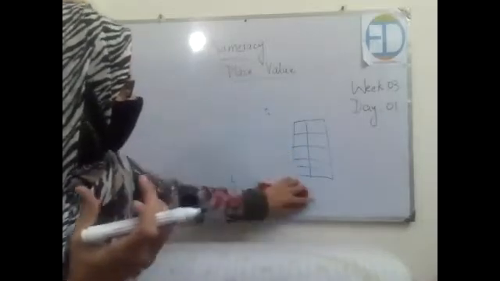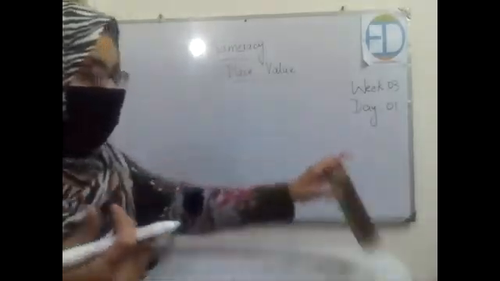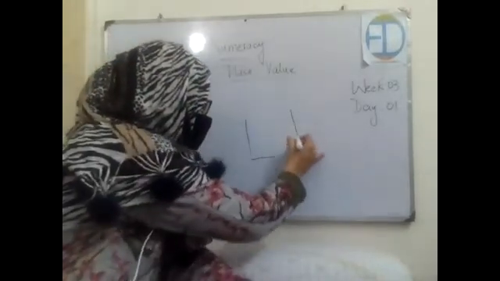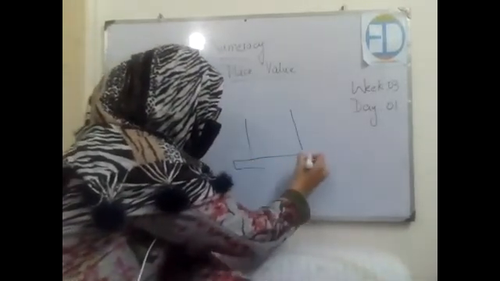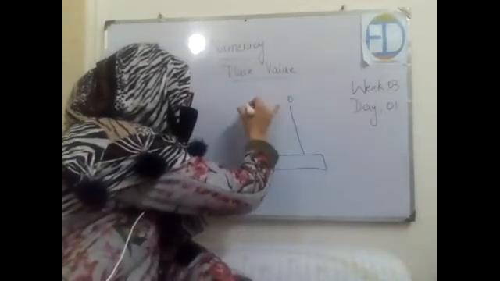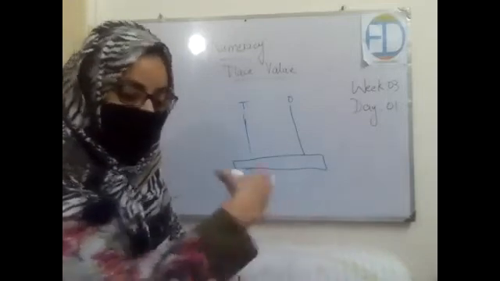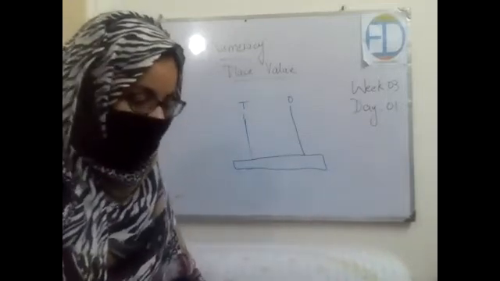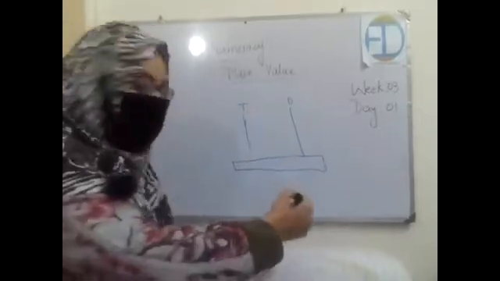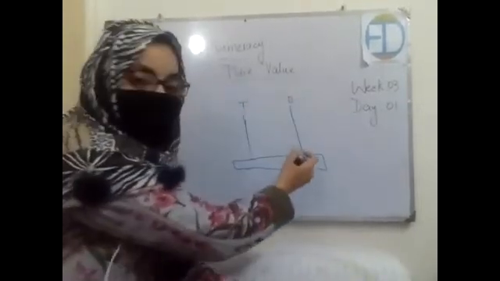Okay, now let's make an abacus and learn how many ones and how many tens can be added. Consider this as an abacus. This is the ones column and this is the tens column. I'll be making beads with a different color marker so that you can easily understand. Let's make beads over there.